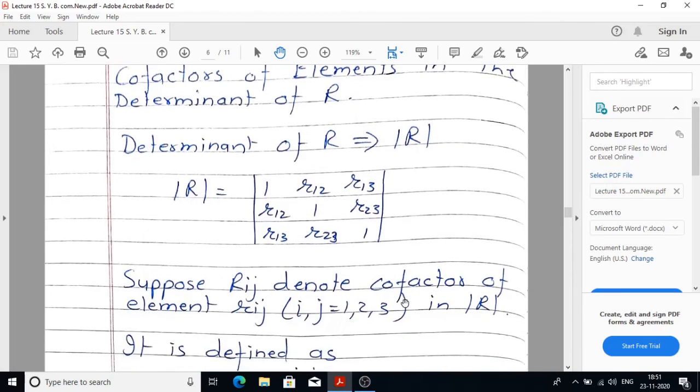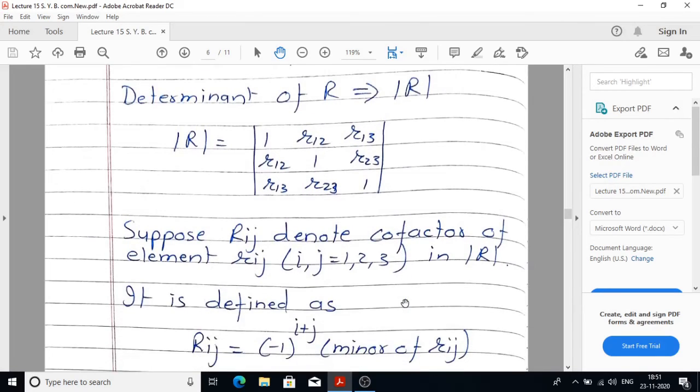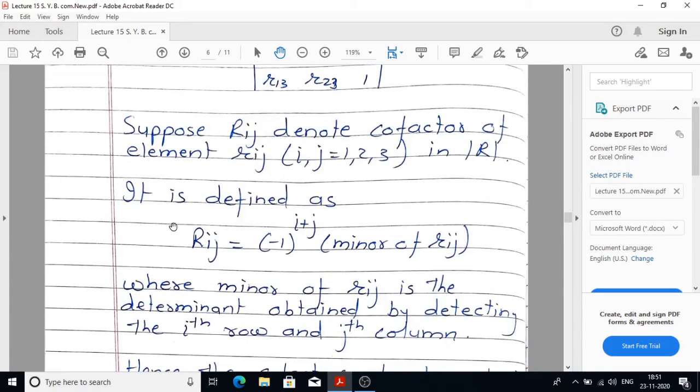Suppose capital Rij denotes the cofactor of element rij, where i and j can take values from 1 to 3 in determinant of R. It is defined as capital Rij equal to minus 1 raised to i plus j times the minor of rij, where the minor of rij is the determinant obtained by deleting the ith row and jth column.